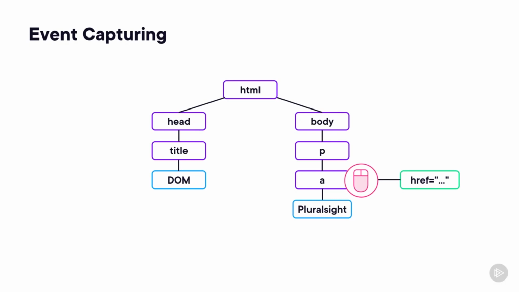There's also a way to handle those events during that capturing phase. However, most of the time event bubbling is what you would like to use, because you click on something and then the outer container might be relevant, usually not the other way around. And that's why by default the add event listener method uses event bubbling and not event capturing.